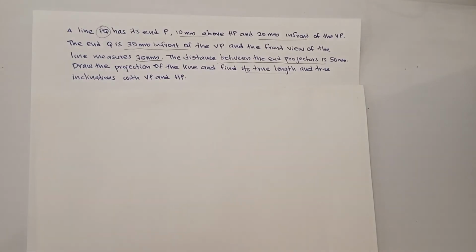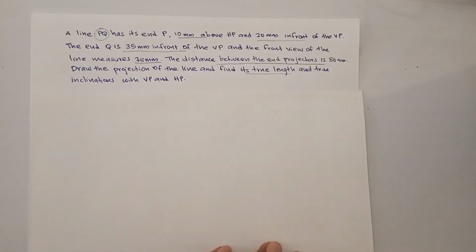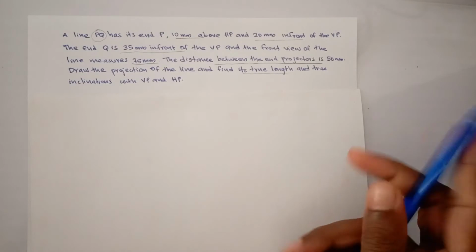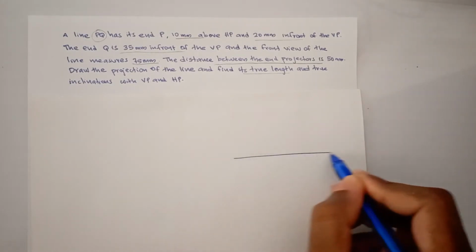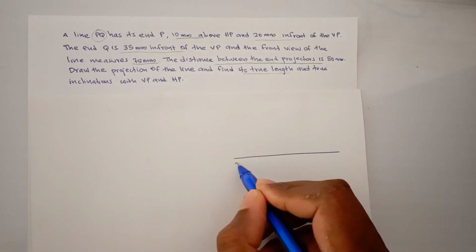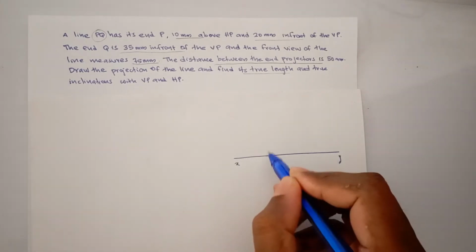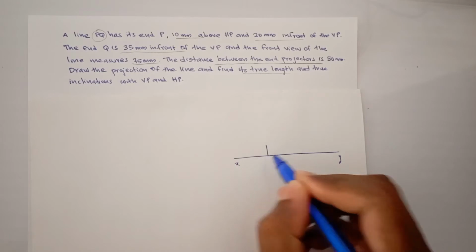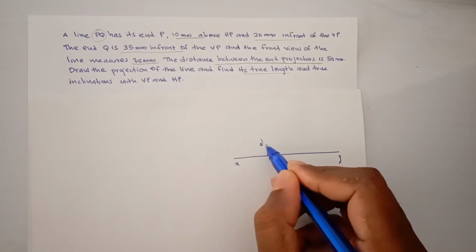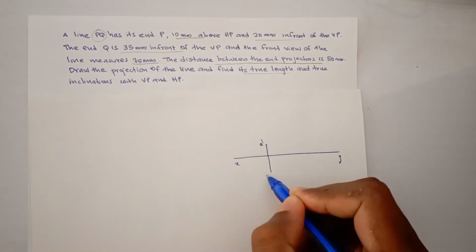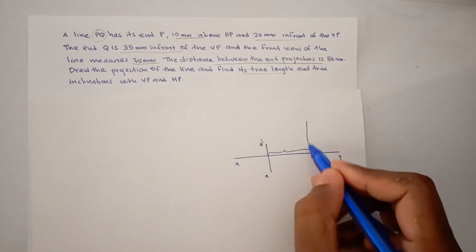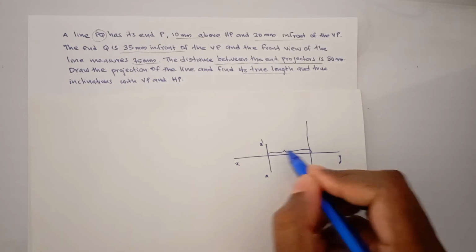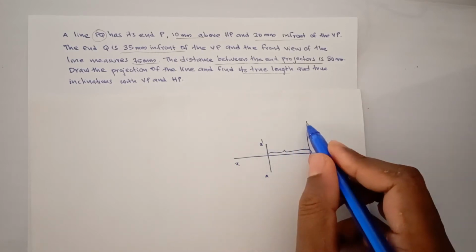The first step is you need to draw the basic figure for plane rotation. What is the basic figure for plane rotation? This is our XY line, and this is the front view of the line, A dash, and this is the top view.